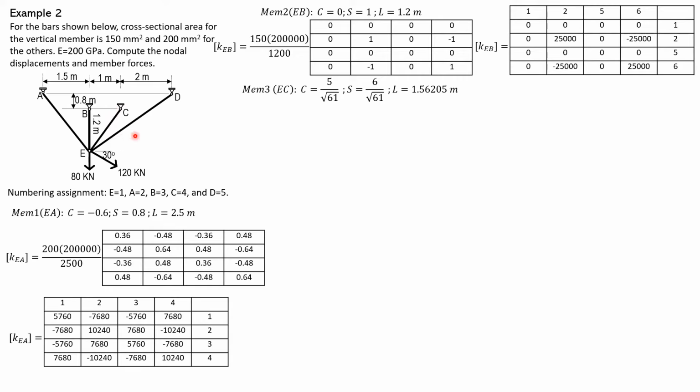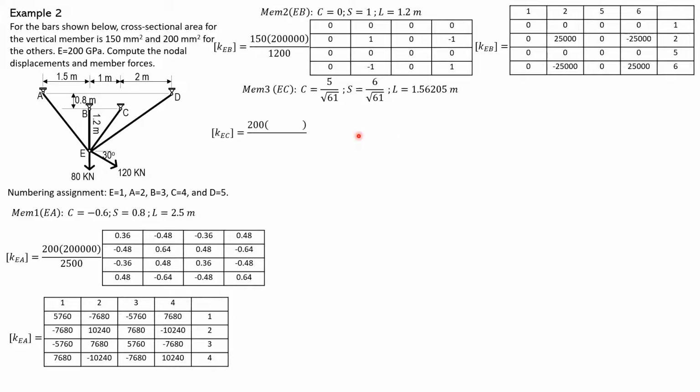So the hypotenuse is square root of 61, square root of 5 square plus 6 square. So the cosine is positive 5 over square root of 61. The sine is 6, also positive, because EC is up to the right. So 6 over square root of 61. The length is square root of 1 square plus 1.2 square, so 1.56205 meter.